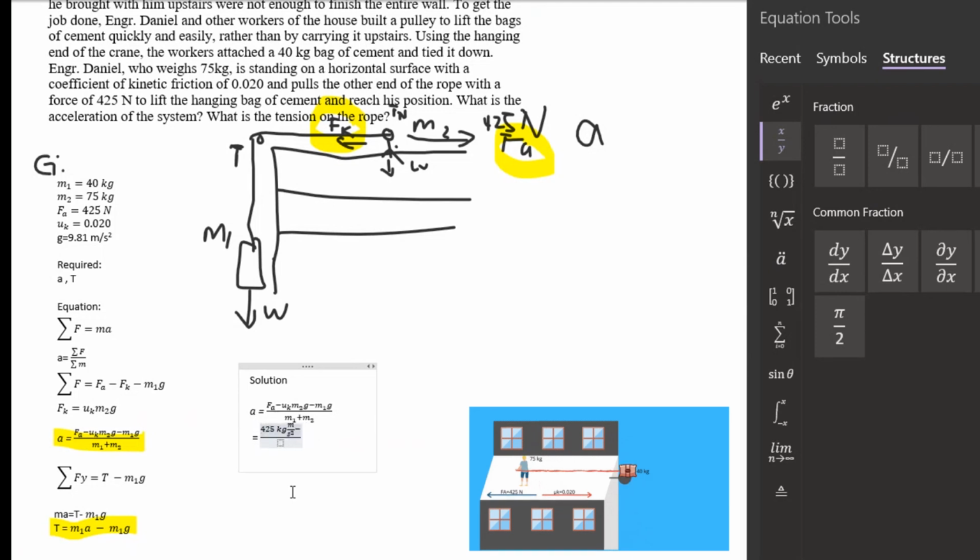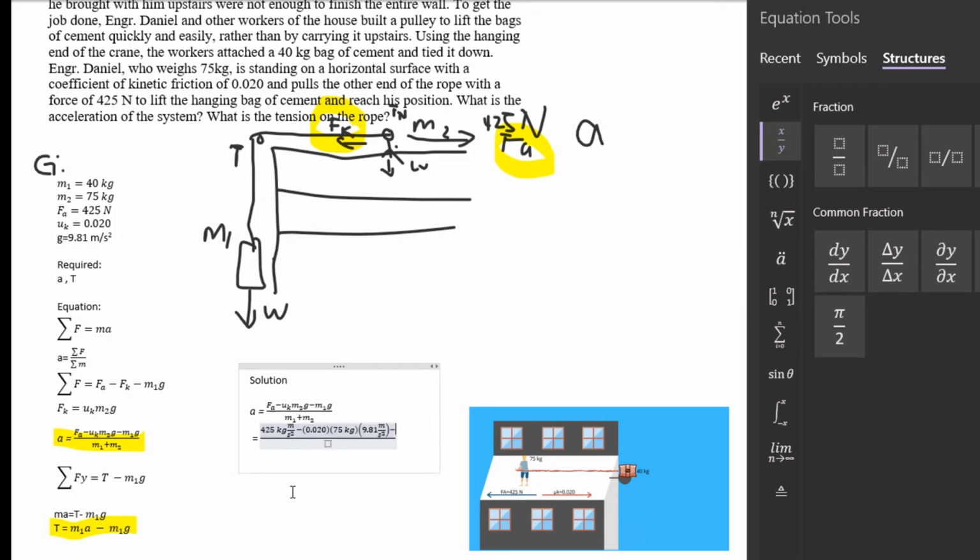Then minus mu k, which is the coefficient of kinetic friction, which is 0.020, times the mass sub 2, which is the mass of Engineer Daniel, 75 kilograms, and the gravity, which is 9.81 meters per second squared.